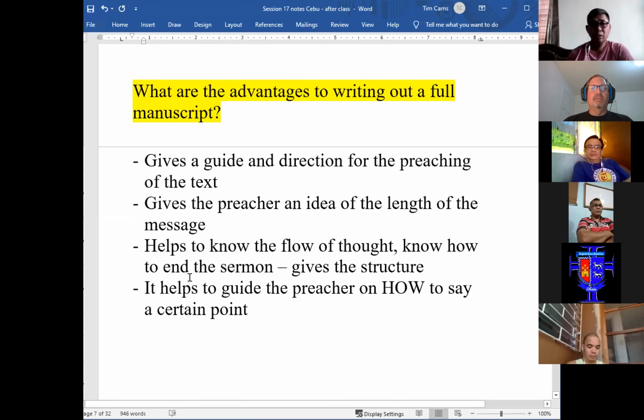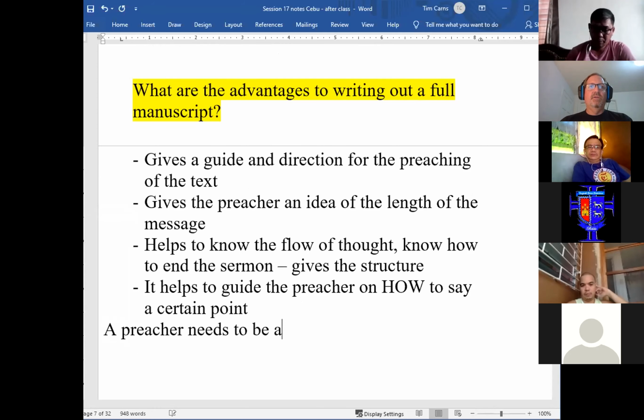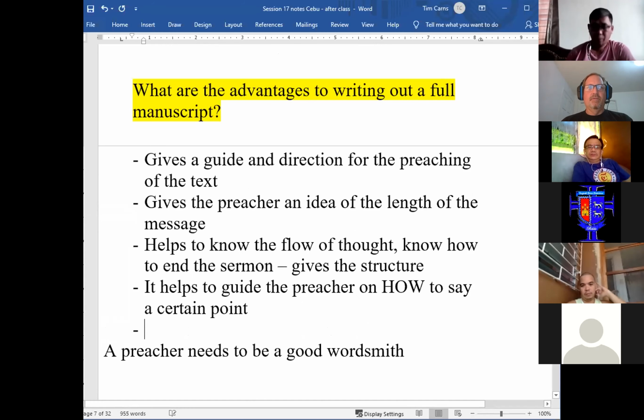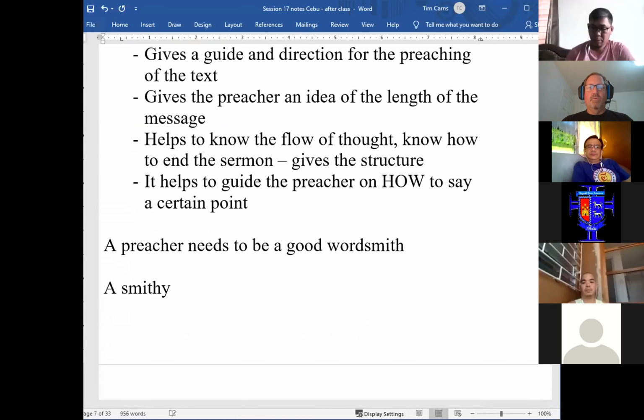Because if you have a chance to think about it, as preachers, we need to be excellent with words. One man said a preacher needs to be a good wordsmith. Now, do you know what he means by that? It's kind of like a smith. In English, a smithy was somebody who worked with materials, like a blacksmith worked with iron.